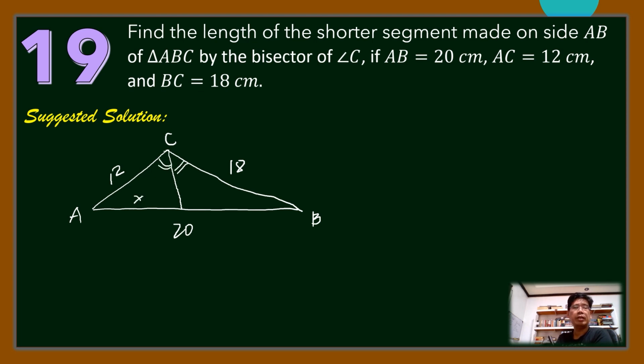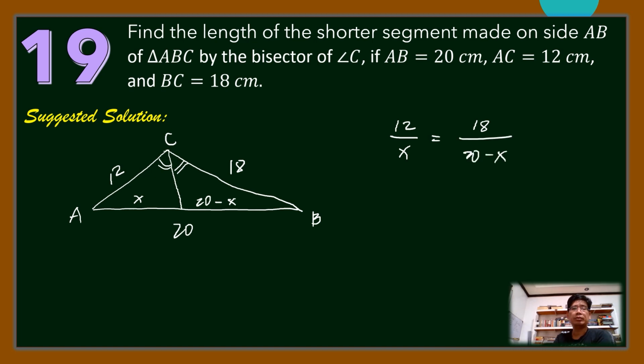Let the shorter segment be x and the longer segment be 20 minus x, since AB is 20 centimeters long.